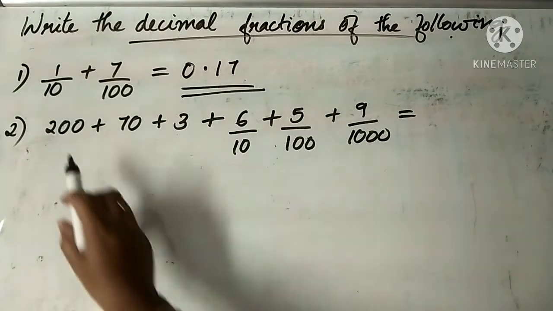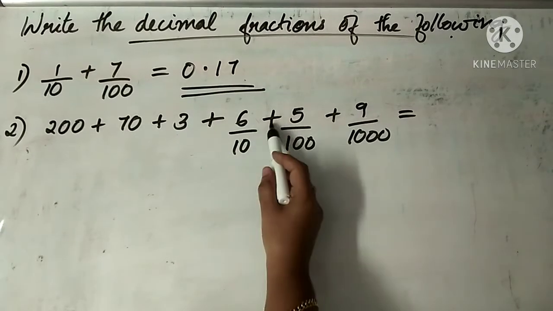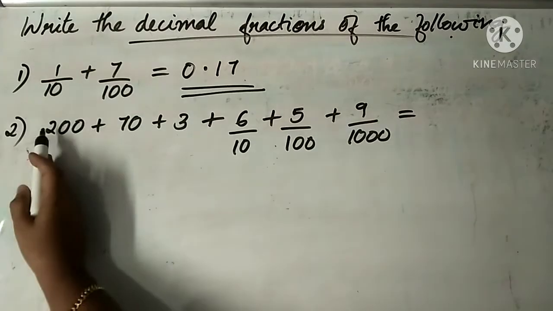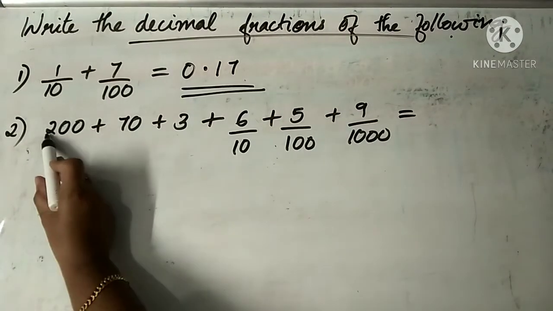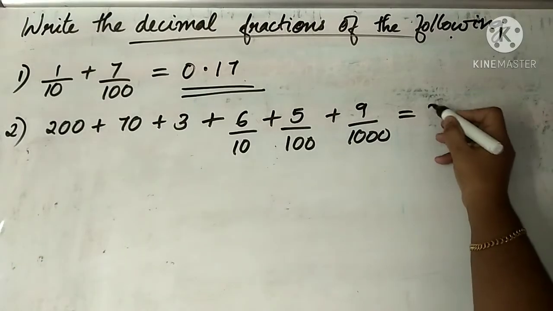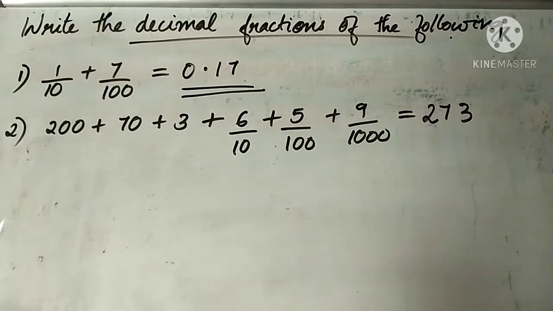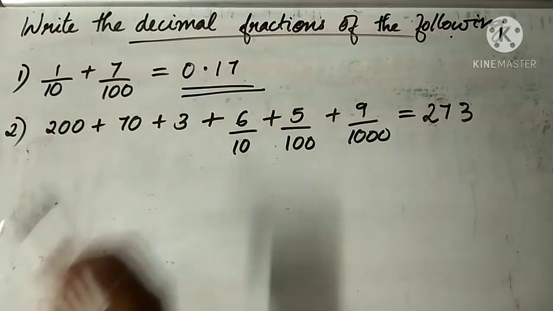Second question, 200 plus 70 plus 3 plus 6 by 10 plus 5 by 100 plus 9 by 1000. So this part represents the whole number: ones, tens and hundreds. So we write 2, 7, 3. 2 represents the hundreds place, 7 represents the tens place and 3 represents the ones place.